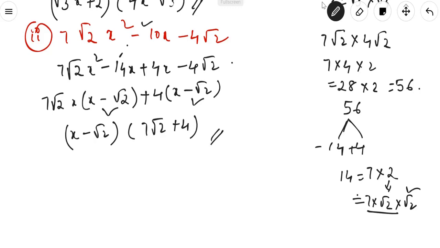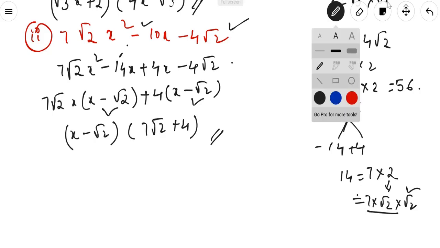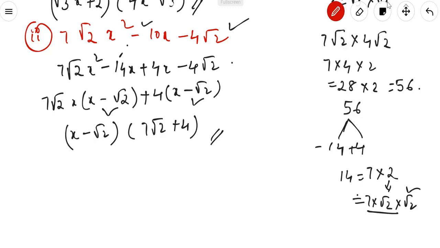So these two are factors of this equation. Okay, so the last problem is there. In the last problem, he has asked to give possible expressions for the length and the breadth of the rectangle whose area is given. For that he has given the equation, problem number 20. So we'll start solving this problem.